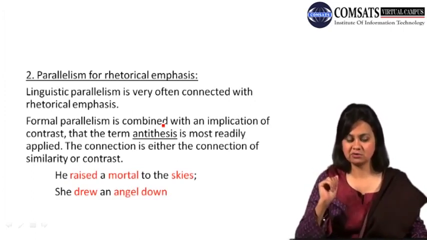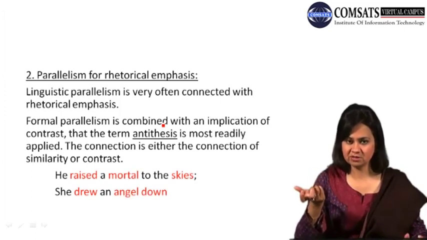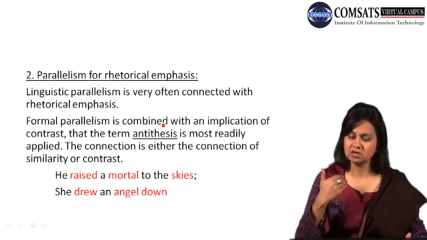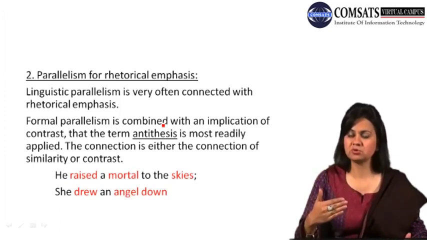So this is how rhetorical emphasis is created, by putting two contradictory or opposing elements side by side, so that the reader judges one by matching its force against the other.